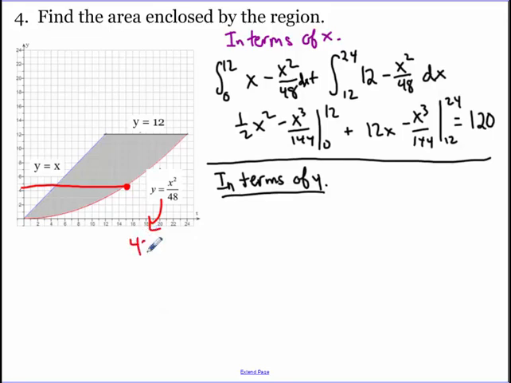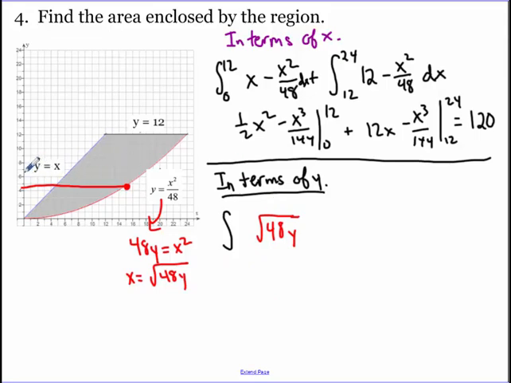So I'm going to have 48y equals x squared. This is this function in terms of y, because when I integrate, I need the functions to be in terms of y. So I solved for x, and the square root of 48y is my farther function away.